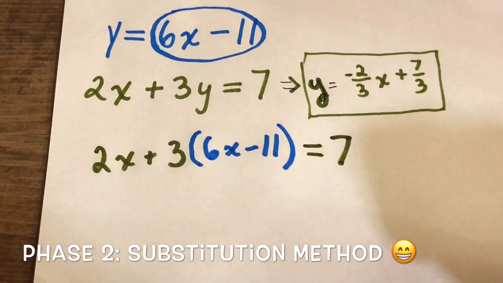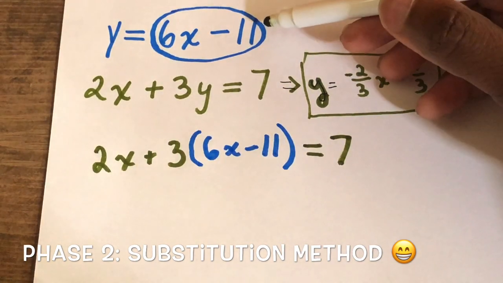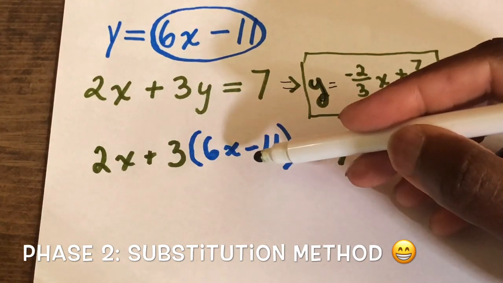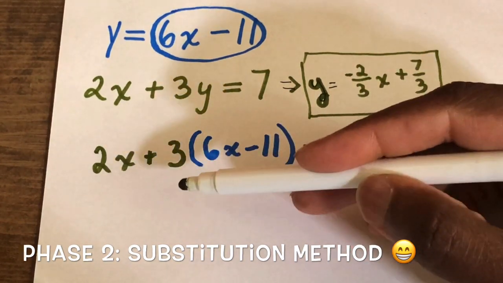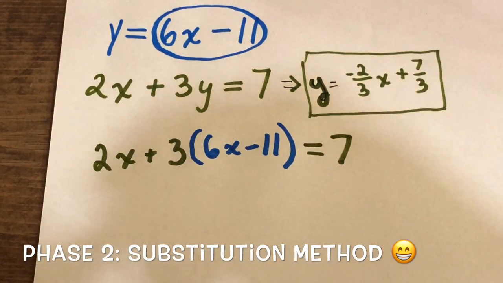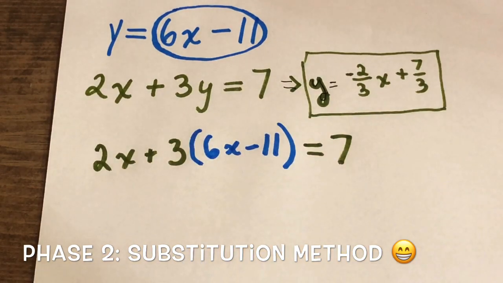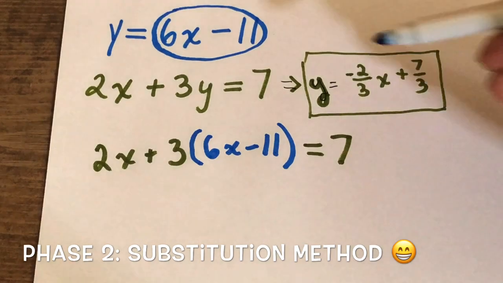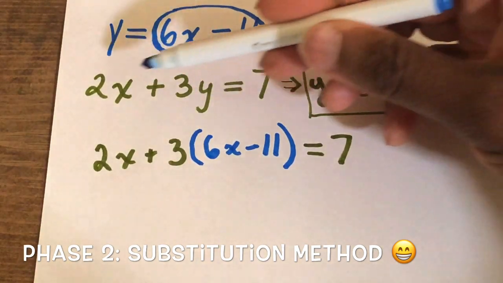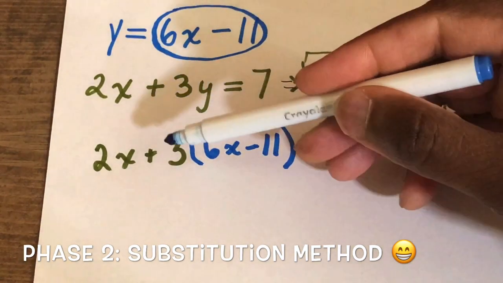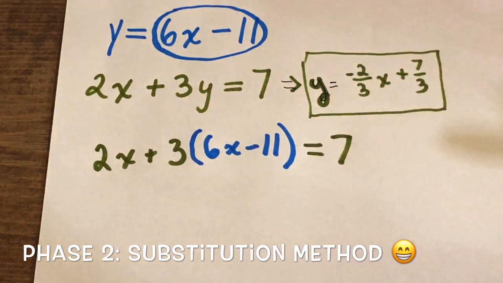That's my new equation. I took what I had up over here and substituted it for the y. So now I have 2x plus 3 times (6x minus 11) is equal to 7. The reason we're doing this is because you cannot solve an equation when there are 2 variables in it. However, if the variables are all the same, we can now solve this equation by combining like terms.